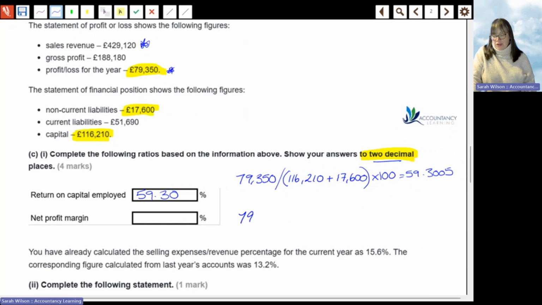So we will do our profit, we're going to divide it by our sales, so our sales revenue there, and then multiply that by 100, which gives us 18.49133. So again, 2 decimal places. We need to make sure that we do our rounding properly, so we are going to round down to 18.49.